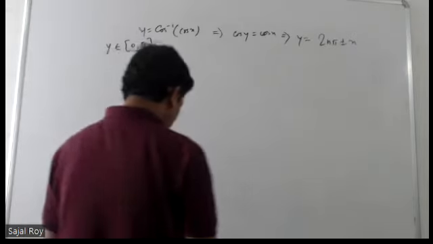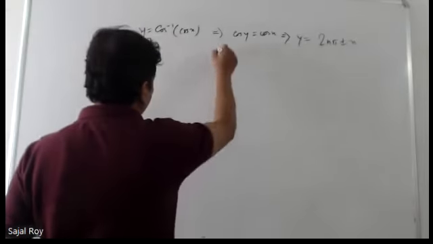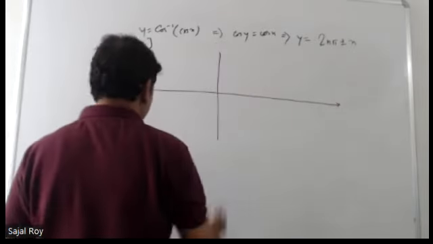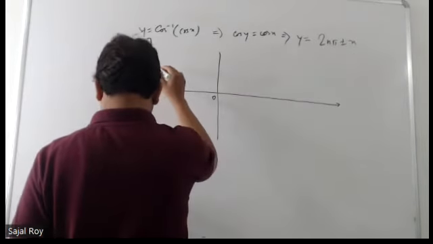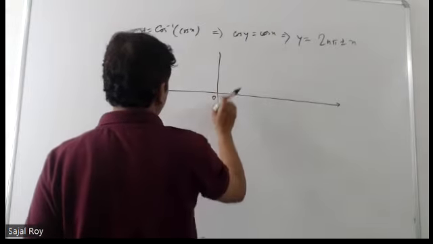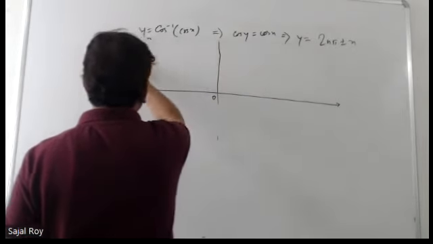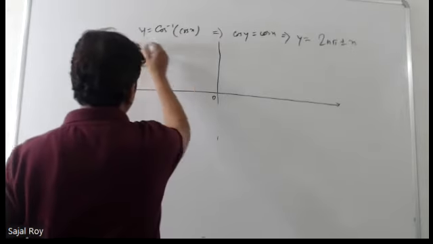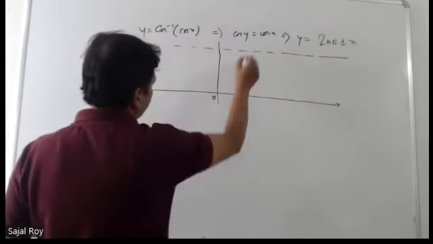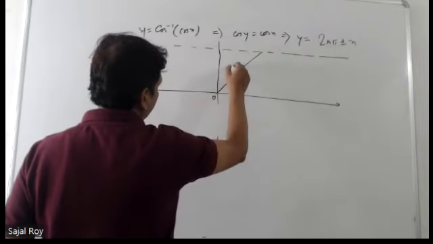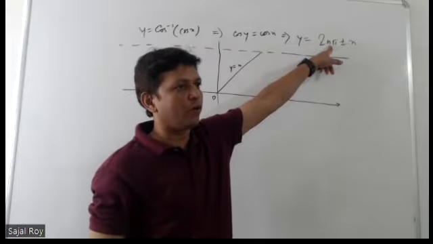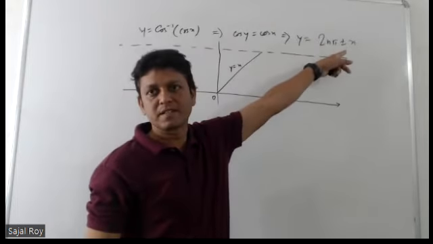So if I draw the graph, see, if you replace n equal to 0, it will be plus minus x.